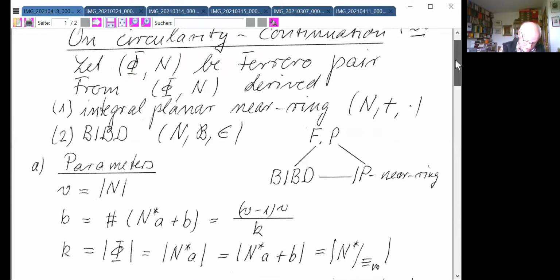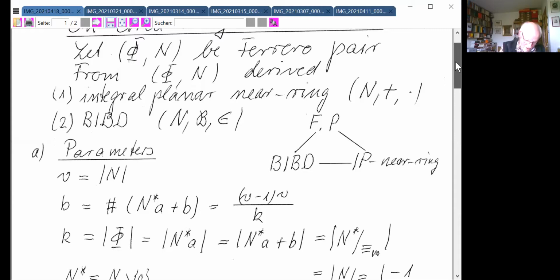You remember this small diagram. We can go from the Ferrero pair to the IP near-ring, or directly to the balanced incomplete block design, or from the near-ring to the block design.